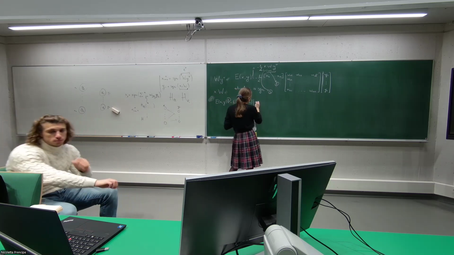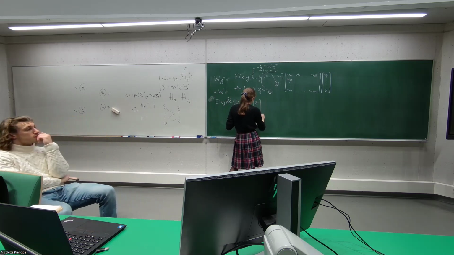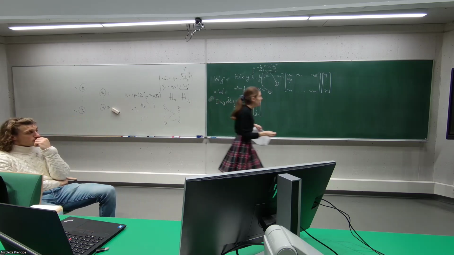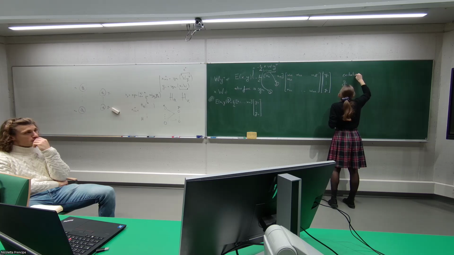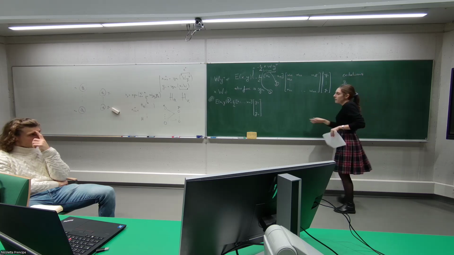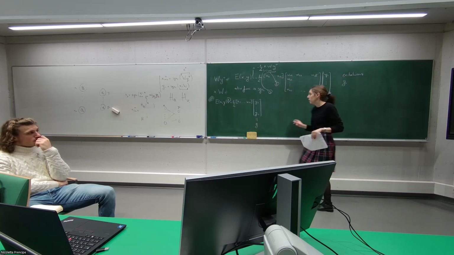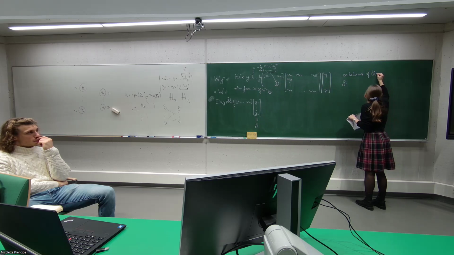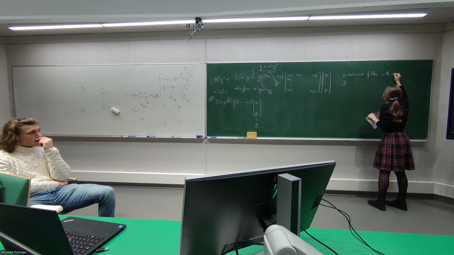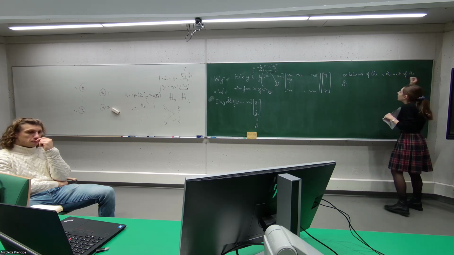And I give names G1, G2, and the Gi are called the excitations of the left layer. And this vector, we can call it G, is the excitation vector of the left layer. The Gi are the excitations of the i unit of the left layer.